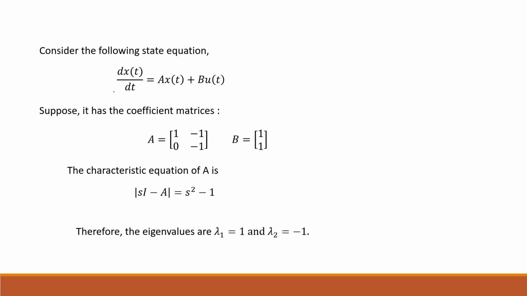Here, let's consider an example with the following state variable model. A is [1 0; -1 -1], B is [1; 1]. What will be the eigenvalues?